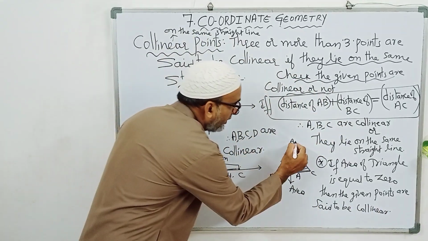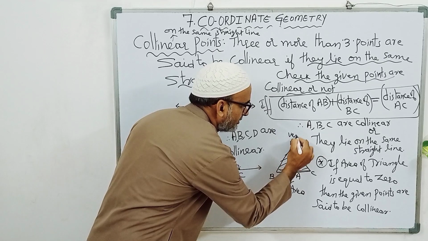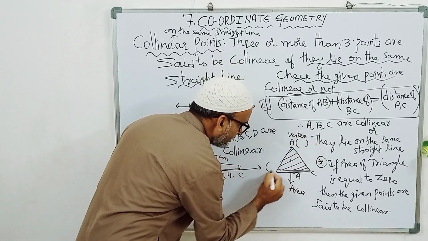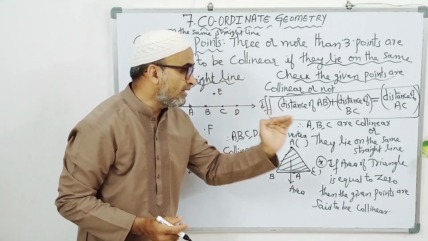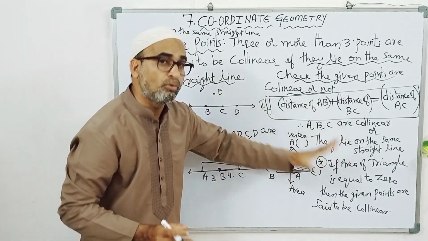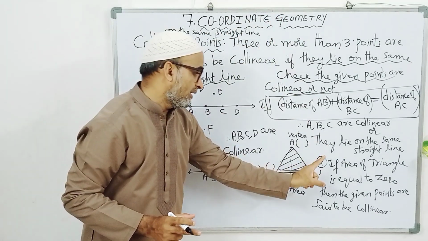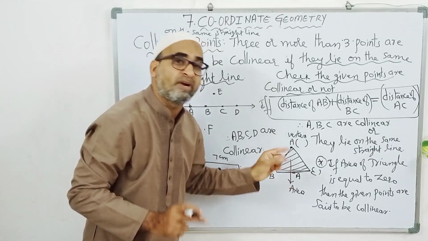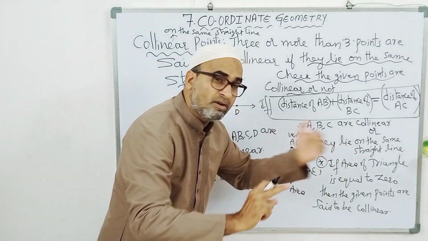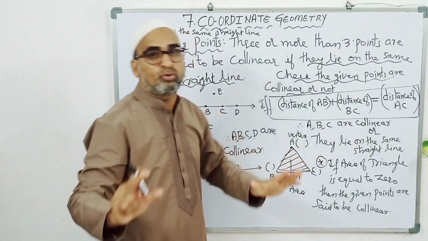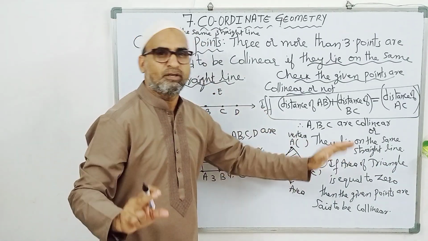This A is what? Vertex. When vertices are given, for the area of a triangle there is one formula, which I will give afterwards. By using that formula, you should find the area of the triangle. If after finding the area your answer is 0, you should say, sir, the given points are collinear.